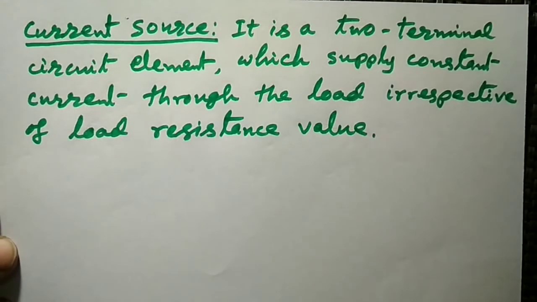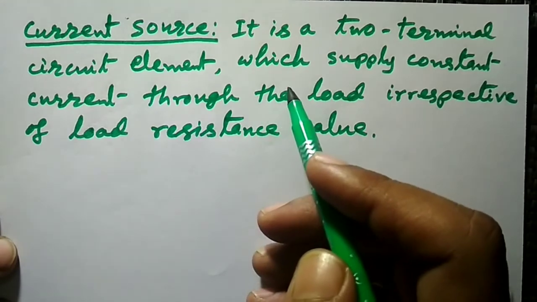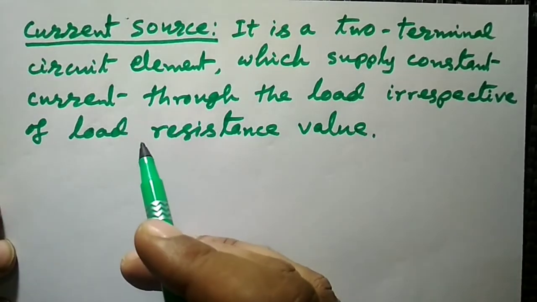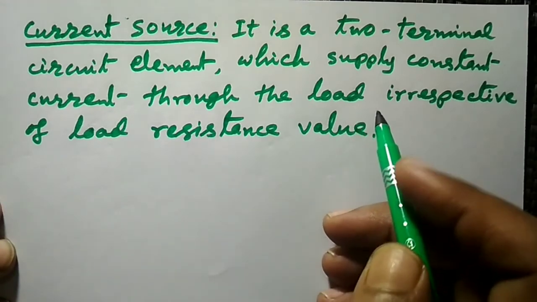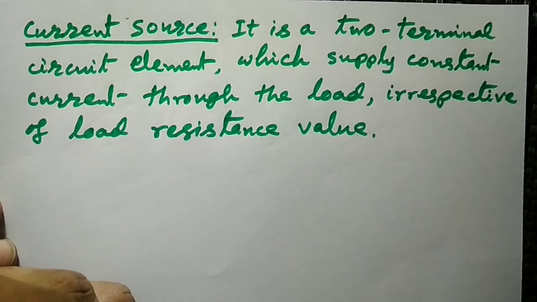Now the current source. A current source is a two-terminal circuit element, an active element, which supplies a constant current through the load irrespective of the load resistance value. Remember one thing, the current source supplies a current which is independent of the voltage across its terminal.